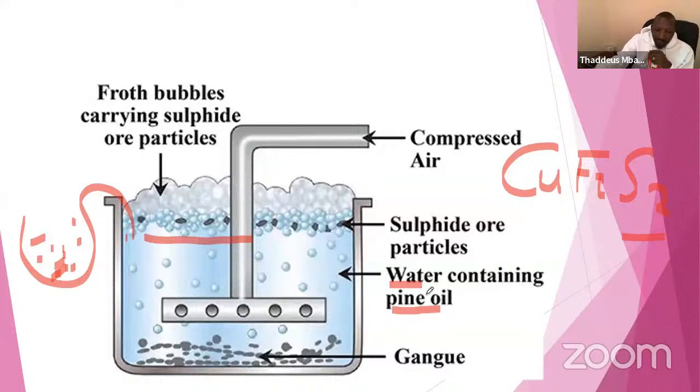So what happens is the sulfide ore dissolves in oil. What is the sulfide ore? It is the ore of copper. The ore of copper is copper pyrite, which is CuFeS2.